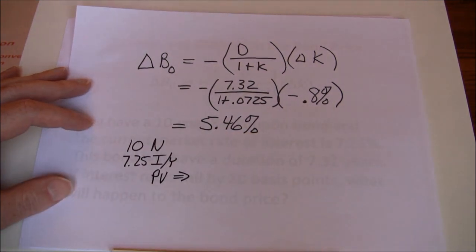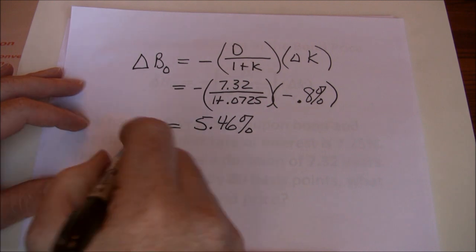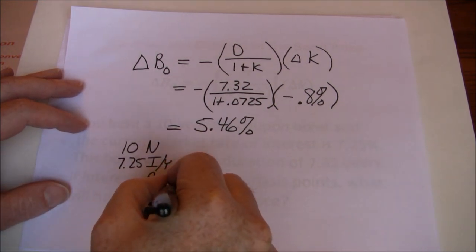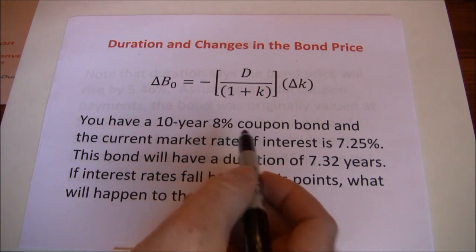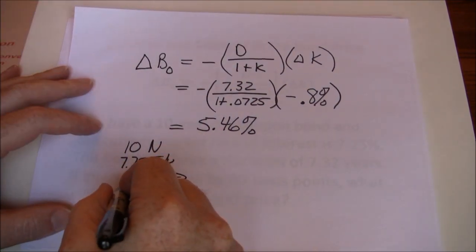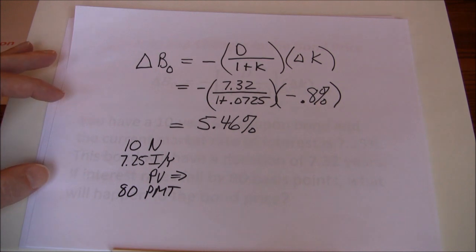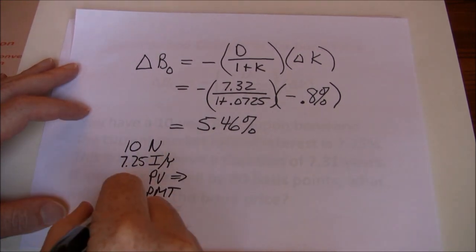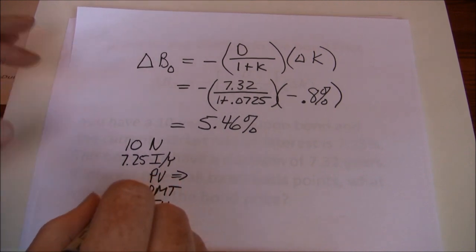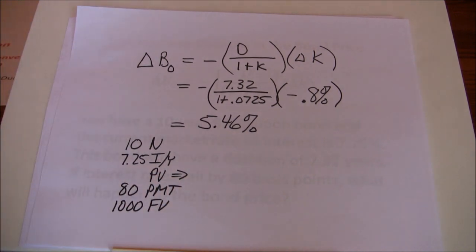Remember, we're solving for the original bond price, so we're solving for the present value. Was an 8% coupon bond, so that means $80 a year in coupon payment. And lastly, we have the par value returned to us at maturity, so that's going to be our future value, $1,000. Let me quickly go through that calculation.